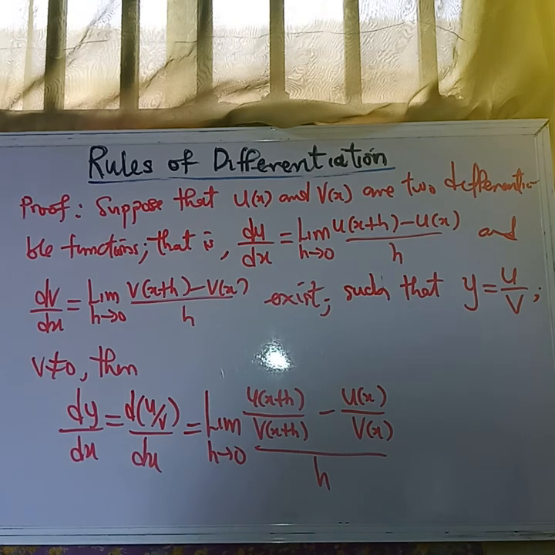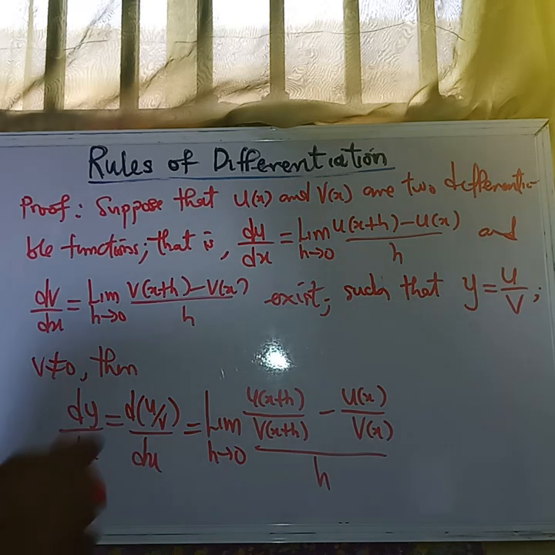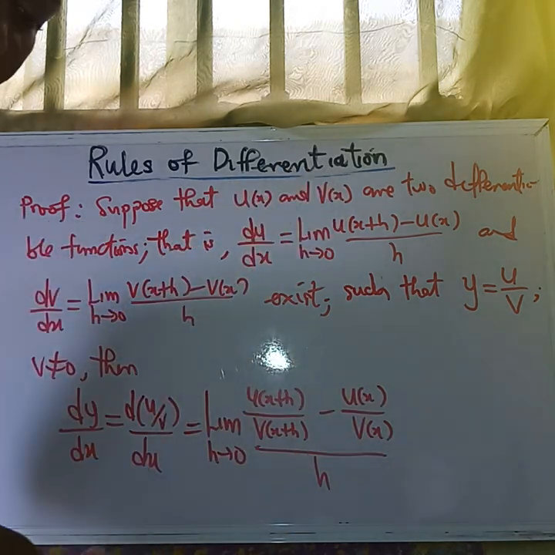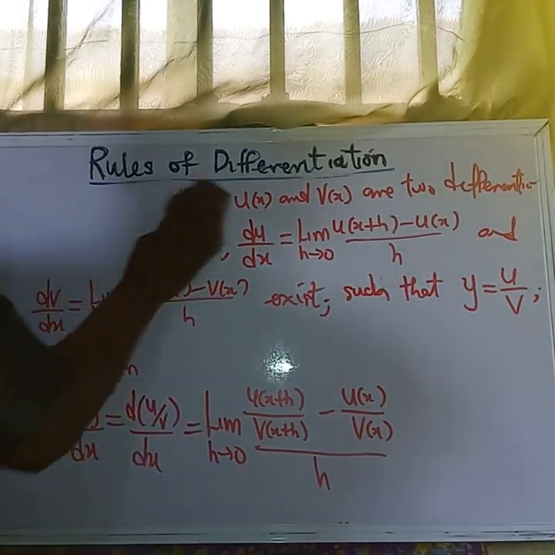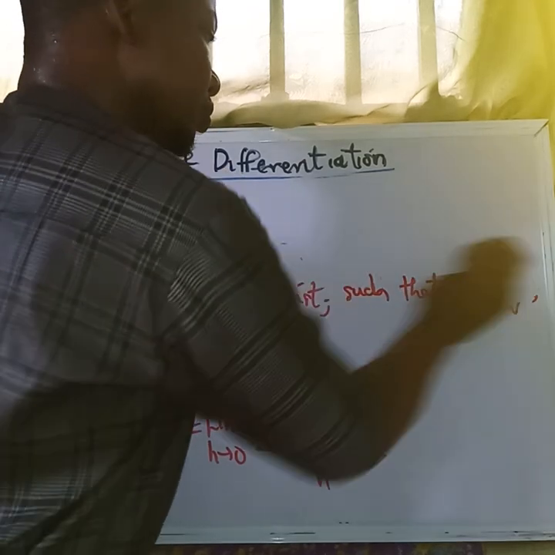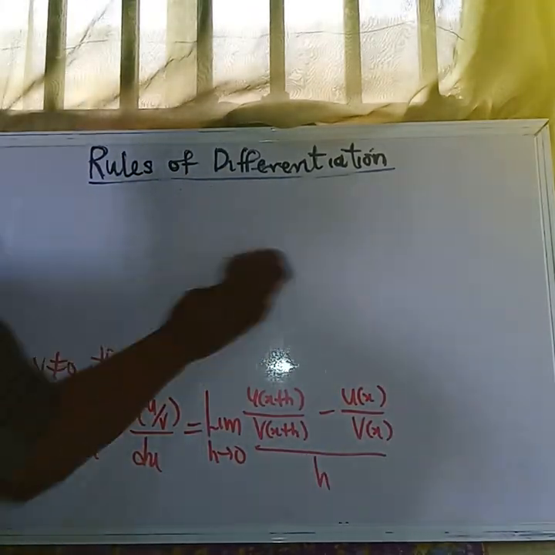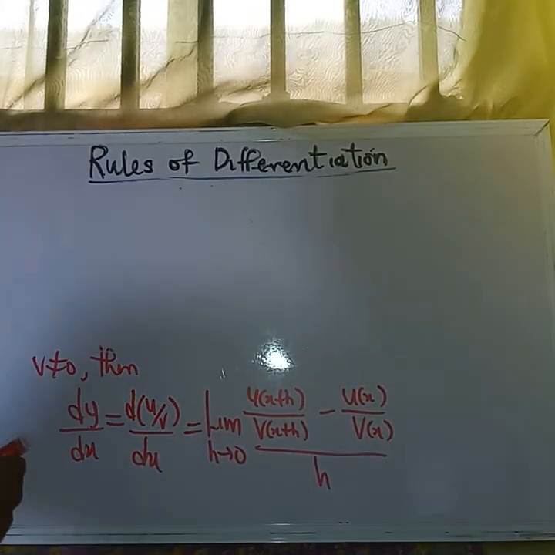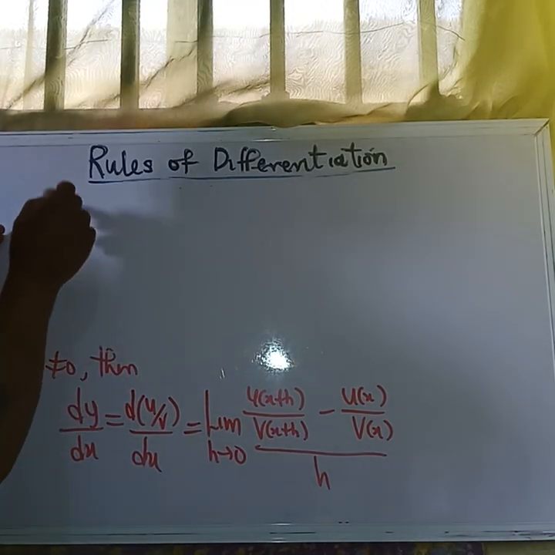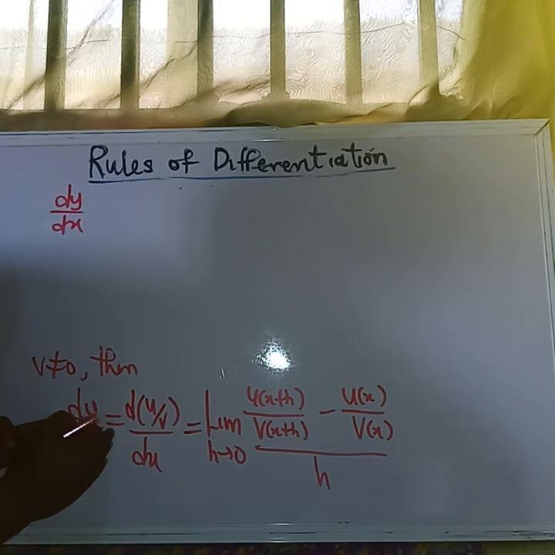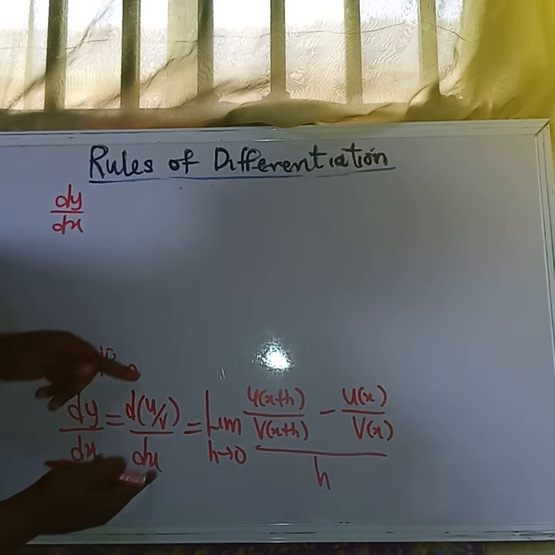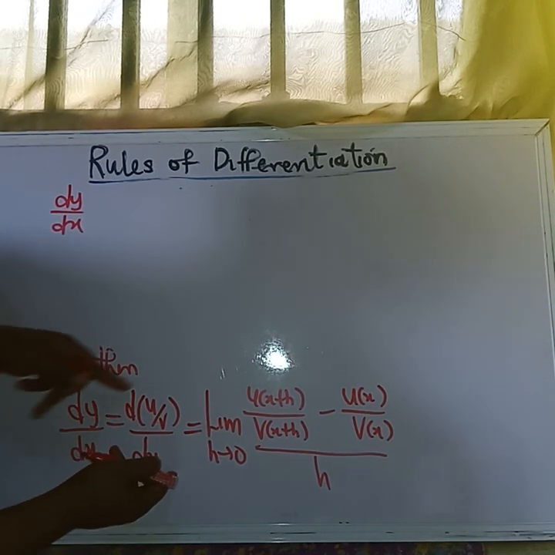By definition, this is what we have. Let's take this up so that we can simplify this further. We'll not write this, so let's maintain this dy dx, since we know that this also means this.